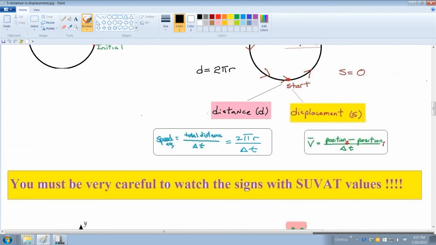So in this case, our calculation for average speed would be 2 pi r over delta t, delta meaning the change in time, and our average velocity, and that little line over v means average, is just the final position minus the initial position over the change in time, and that would be, in the numerator, a big 0.